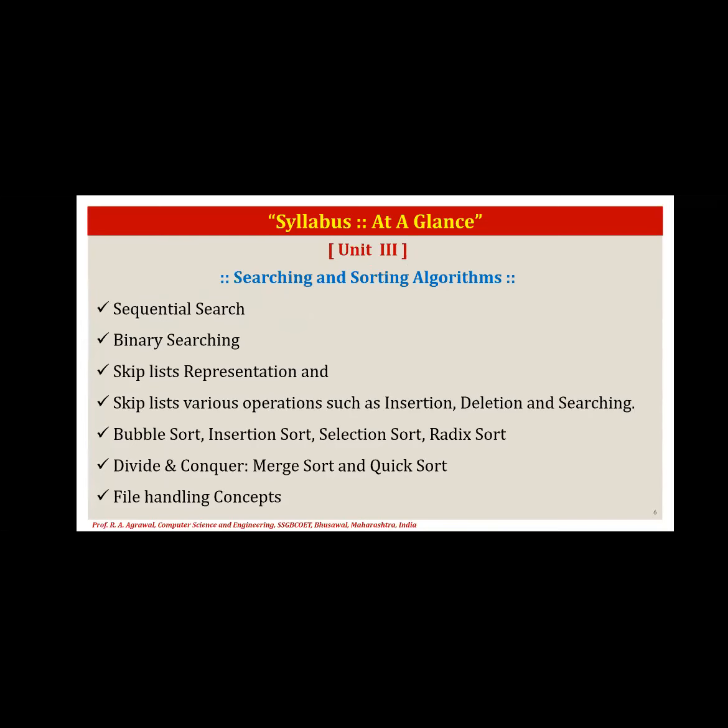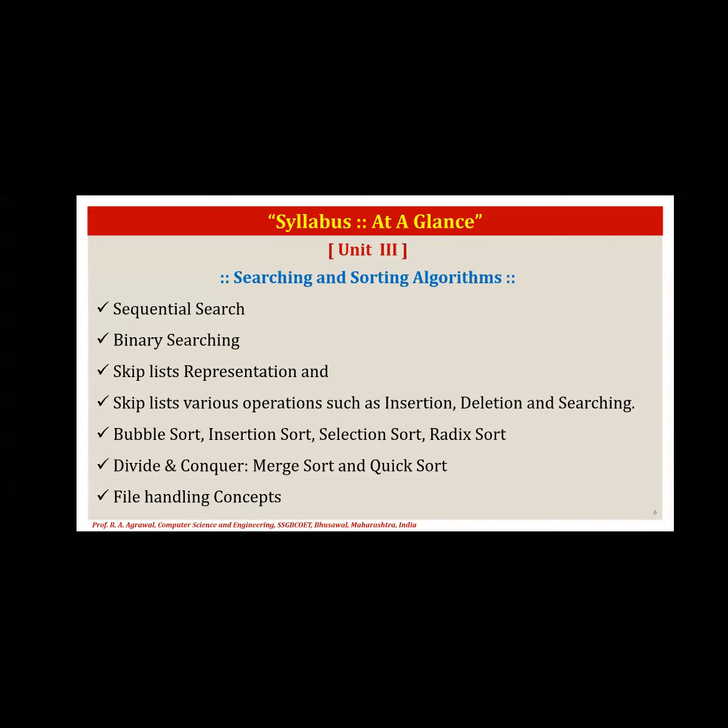Unit number 3 is again very simple. You have already known the concept of sequential searching. If we have a list of elements, suppose 10 elements, and we have to search a particular element in that list, that is sequential searching. If we have a list of sorted numbers and we have to search for a number in it, that is binary searching.